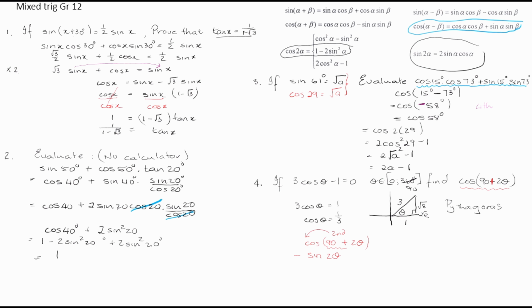Right, I cannot work off this diagram because I have a 2 theta angle and my diagram is a theta. So I'm going to now go and do, that is minus the double angle, 2 sine theta cos theta. Bring down the minus, and the 2 sine theta is 2 root 2 on 3.